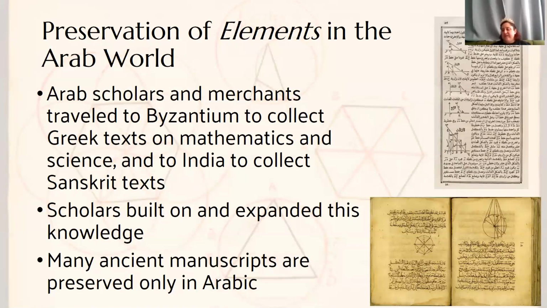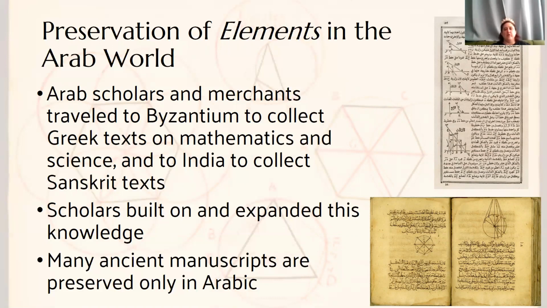So the way that Euclid's Elements came down to the present day, because the Library of Alexandria burns, what are you going to do now? Well, copies of Euclid's Elements existed all over the place. And when the Arab world began to rise, the Caliph sent scholars to Byzantium and all over the place. They sent them to India.